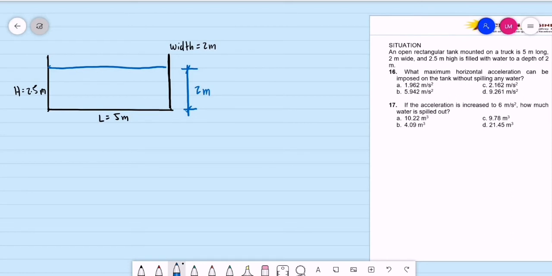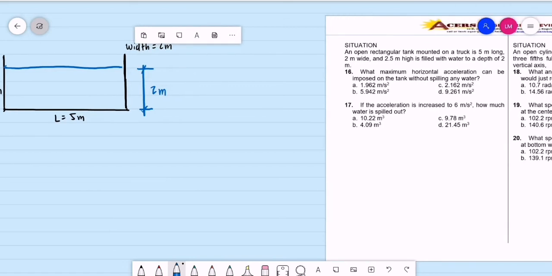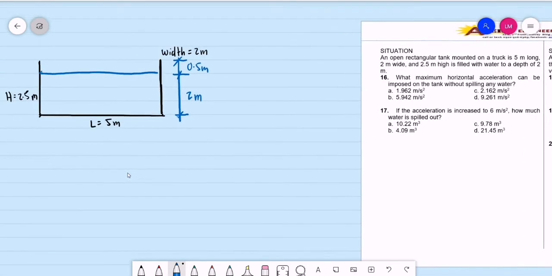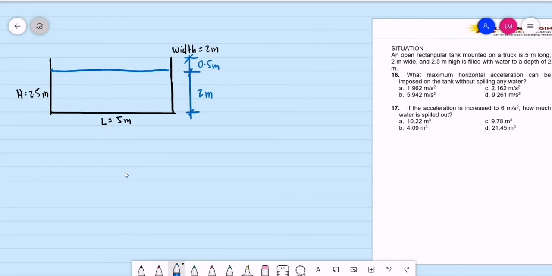So we have a free space. If you are to analyze, we have a free space of 0.5 meters. This is the available free space inside the tank, since the height of the tank is 2.5 and we have 2 meters of water. So without spilling any water, it is expected, for example, that this tank will accelerate to the right.